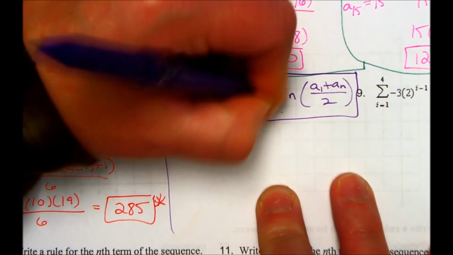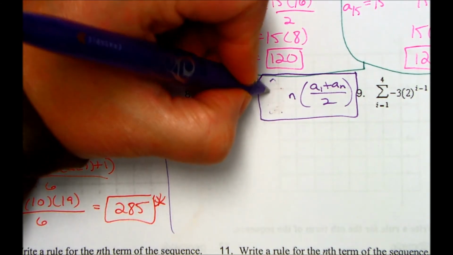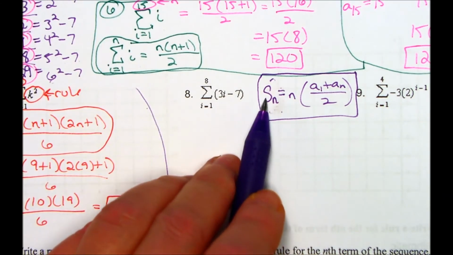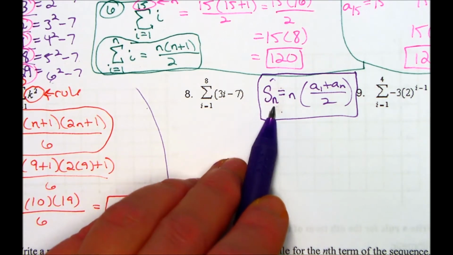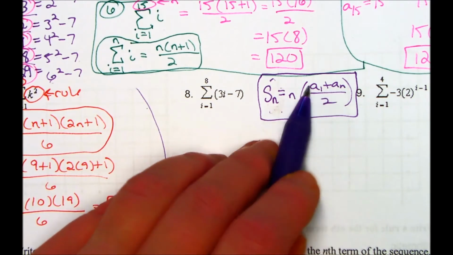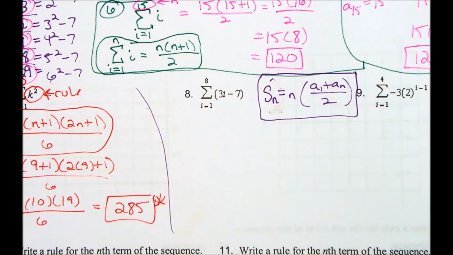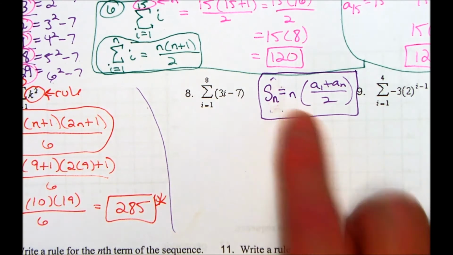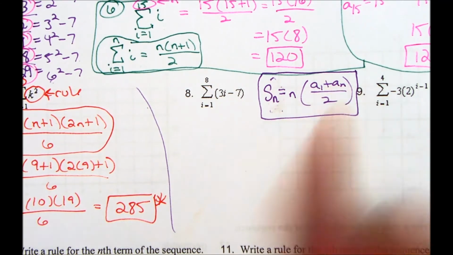I'm making too many mistakes. It says S sub n equals. So that's what this is saying, the sum of the first n terms is equal to n times the first and last term added together divided by 2. All right, so there's our formula. So we need to figure out what n, a sub 1, and a sub n are.